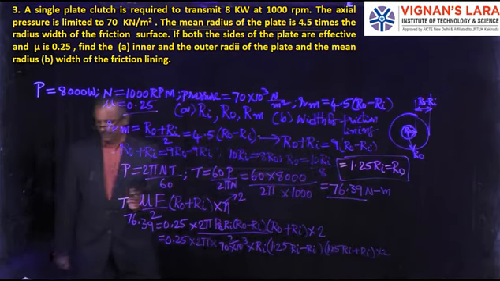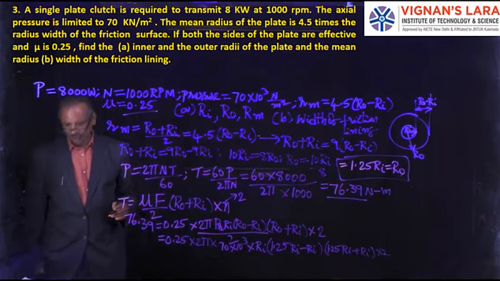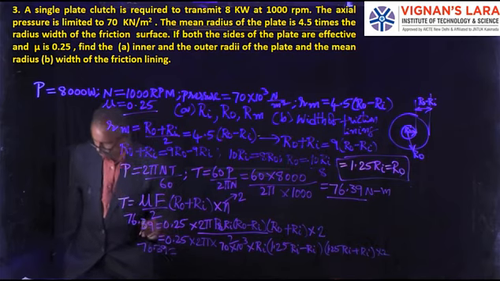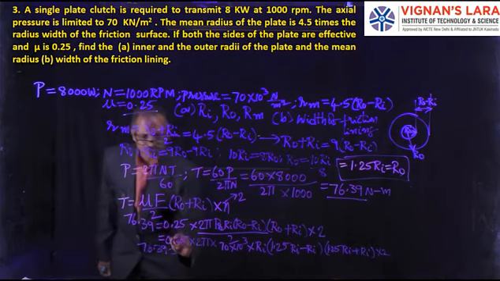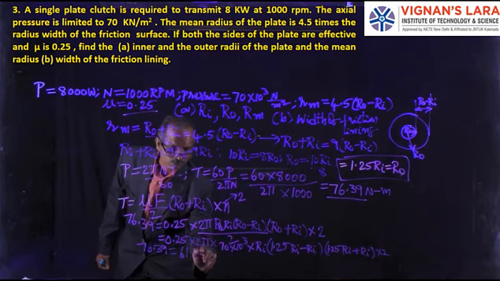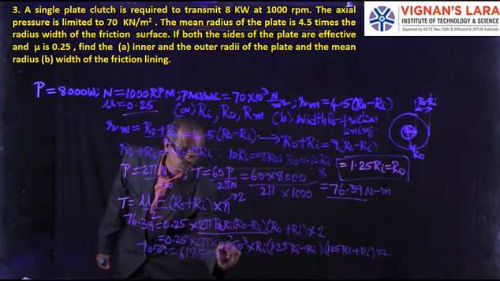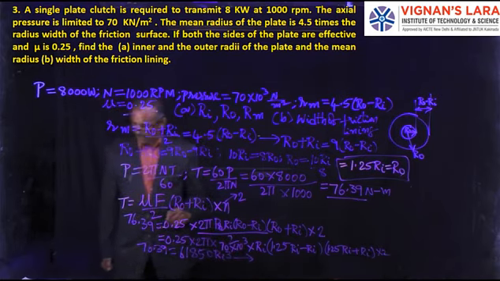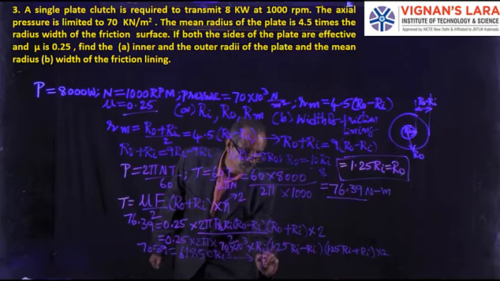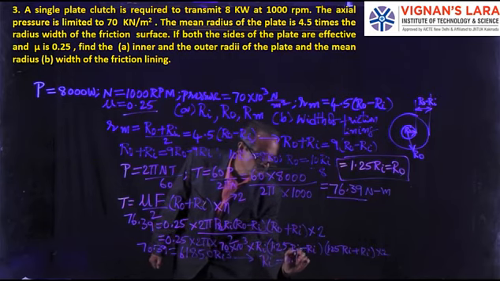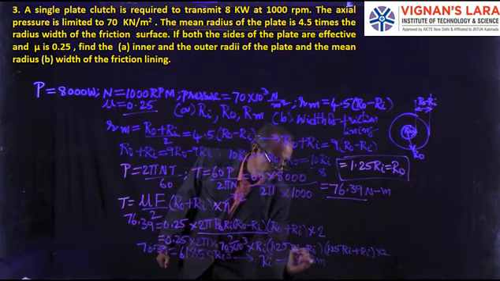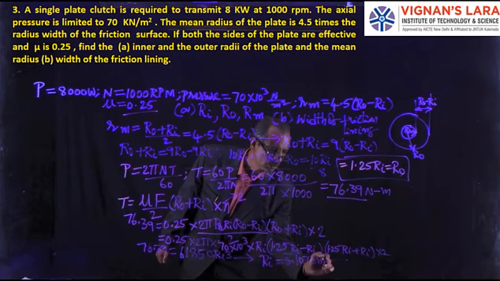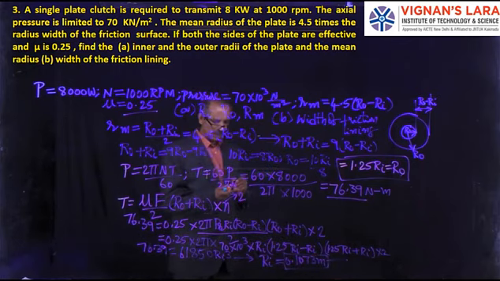So you get a cubic equation: 76.39 is equal to 61,850 Ri cube. By solving this equation, I get Ri as 0.1073 meters. So Ri is obtained.